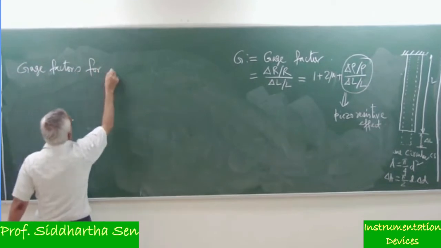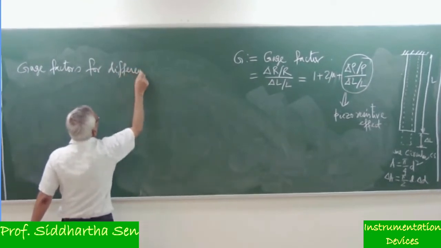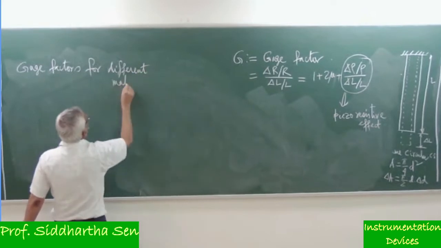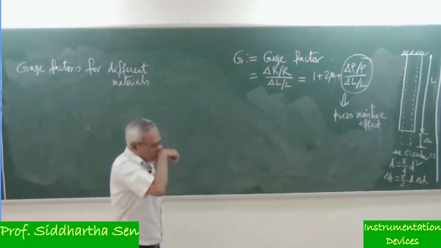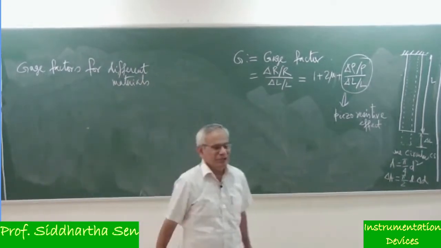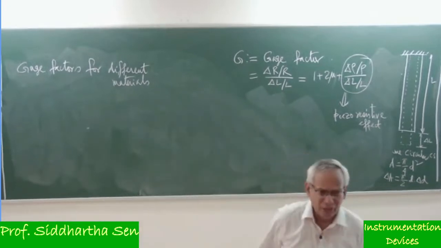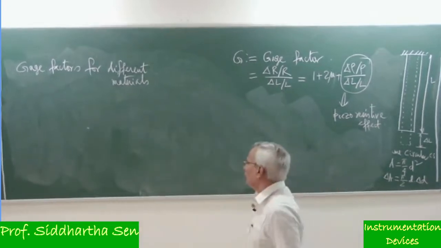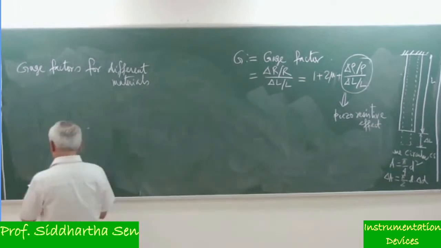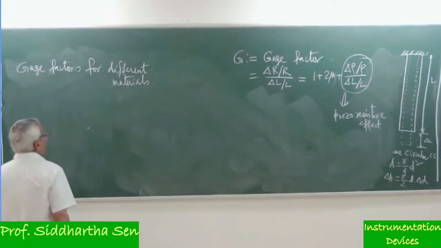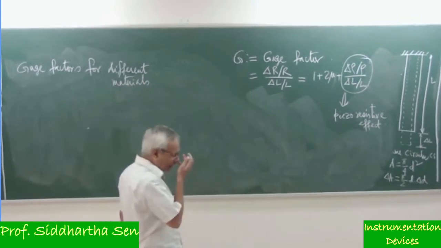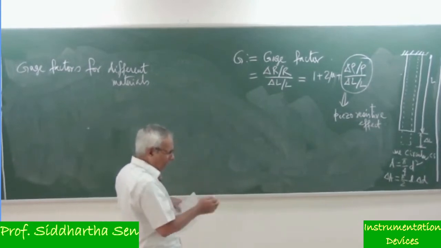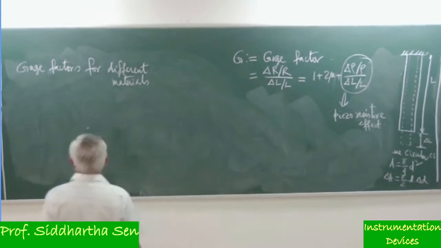And we can have the gauge factors for different materials which are commonly used for strain gauges. The commercially available strain gauges are mostly alloys, particular alloys there.